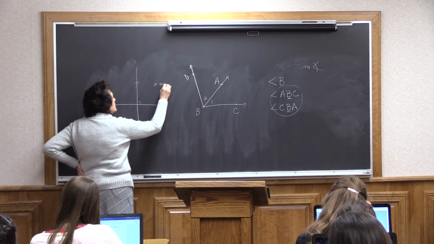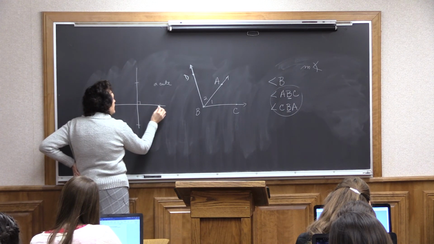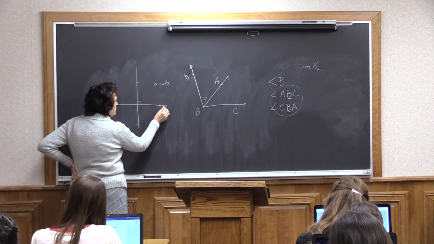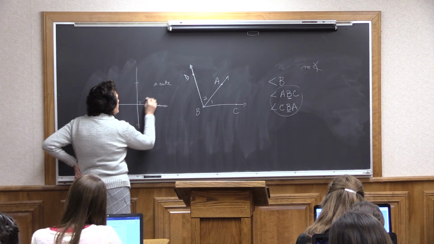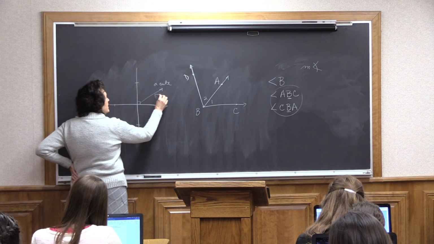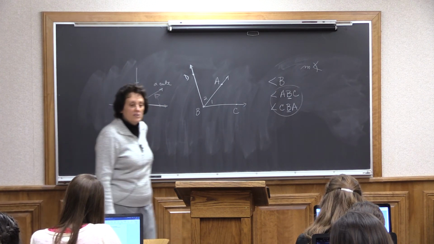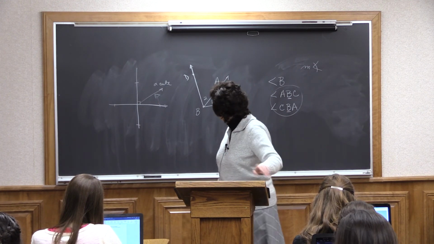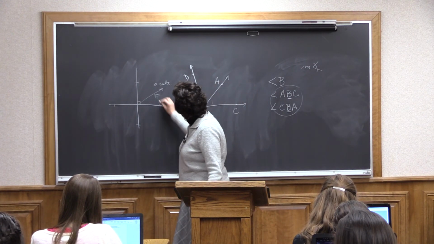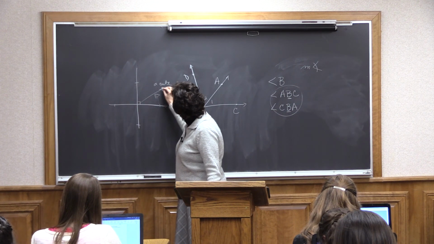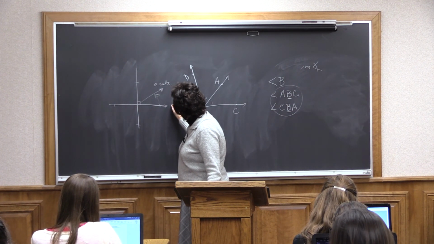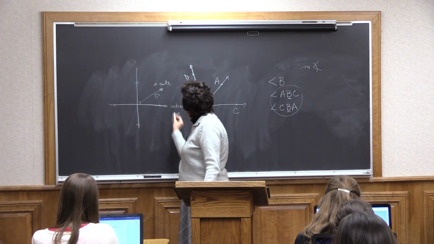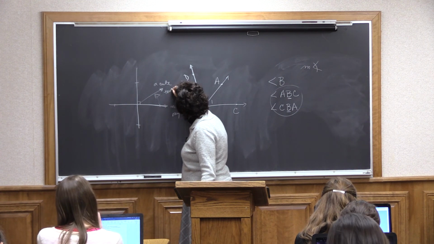Acute angles would be anything, if we have the initial ray here, and then the terminal ray can be anywhere in quadrant 1. An acute angle is any angle that is less than 90 degrees. And when we're dealing with the unit circle, or the XY coordinate plane, this is called the initial ray, because we are rotating it, and the terminal ray.